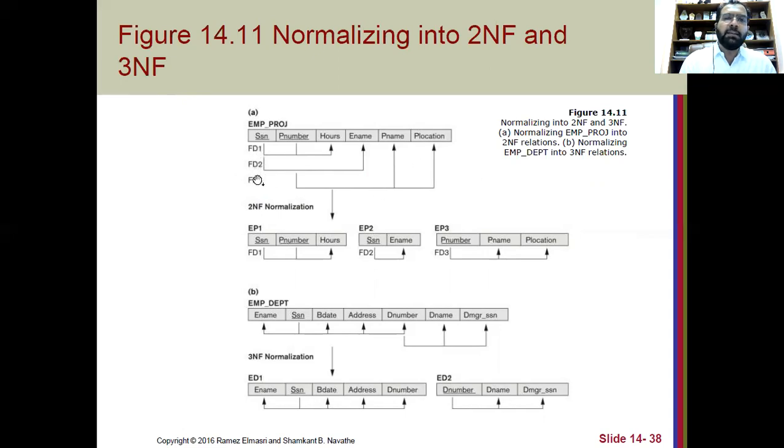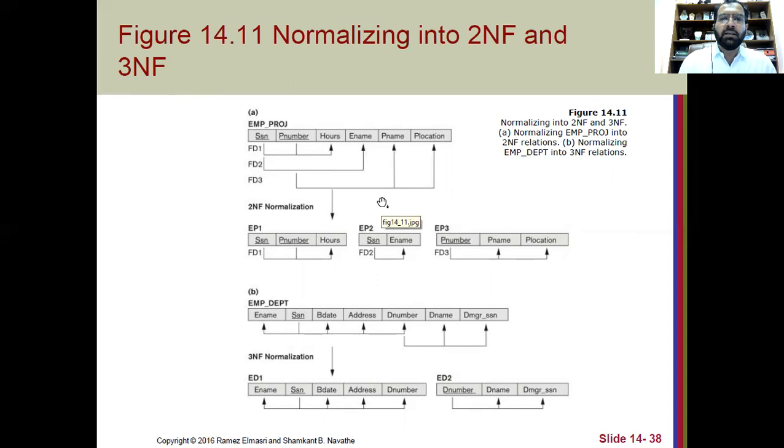So these are three various kinds of functional dependencies which exist in this relation. So according to the second normal form, there is a violation. Why? Because ename is not fully functionally dependent on the key. It depends on the part of the key. Again, violation. P name is not dependent on the whole key, only depends on the P number.